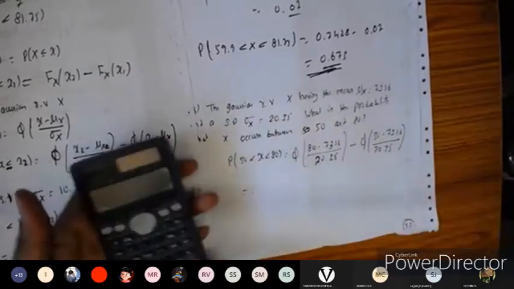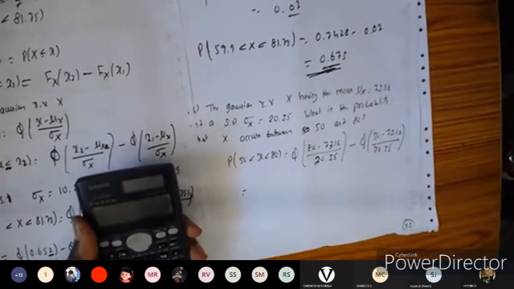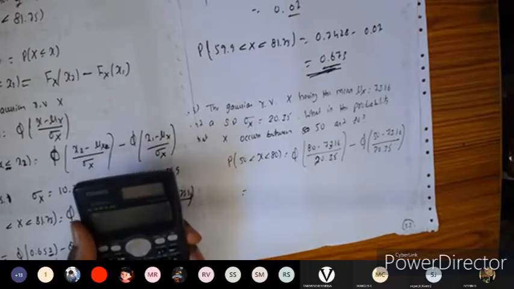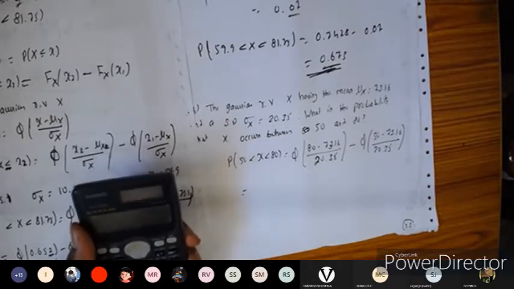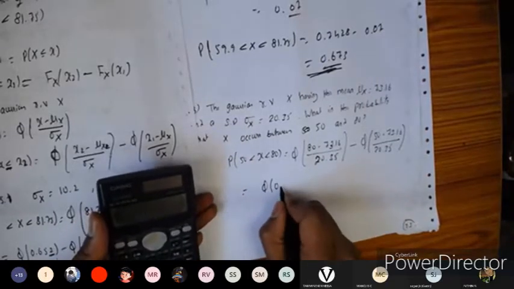So let us do the calculation. I think everyone has the calculator. Do it fast. 80 minus 73.16, divided by 20.35. Take the decimal values accurately. So this becomes phi of 0.34.